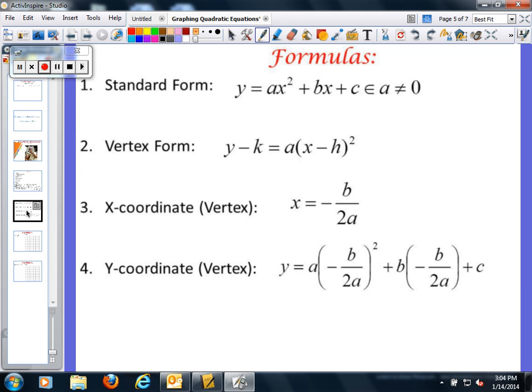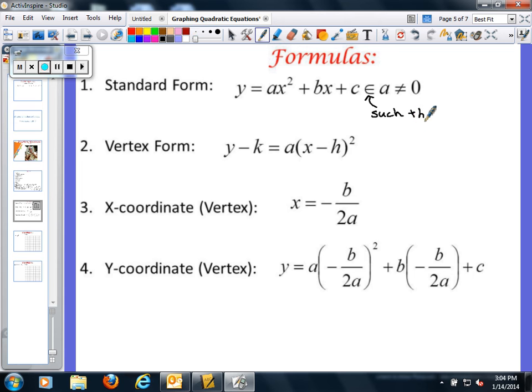Formulas, which are going to be important. The first one is what we call standard form. It is y equals ax squared plus bx plus c. This right here means such that, let me fix that.